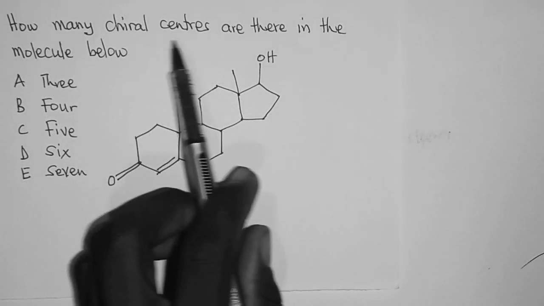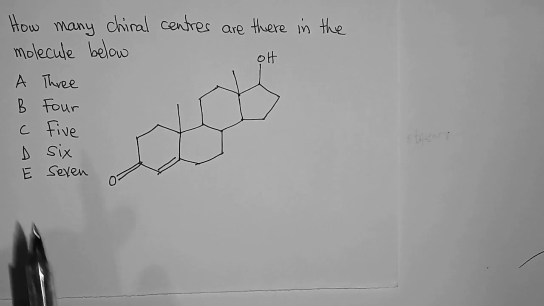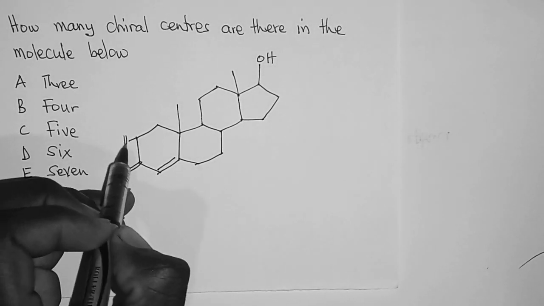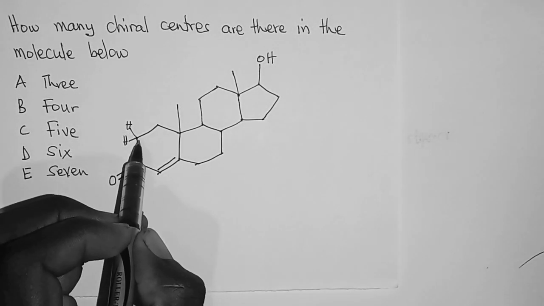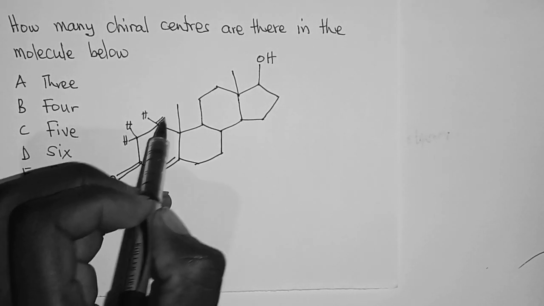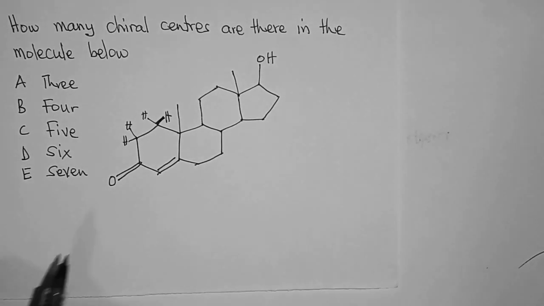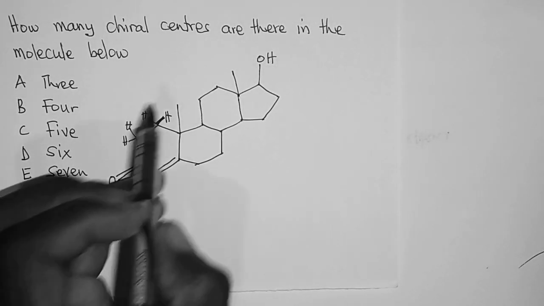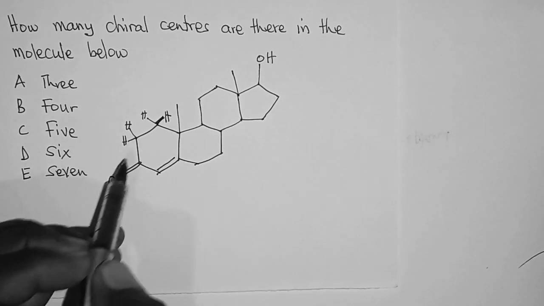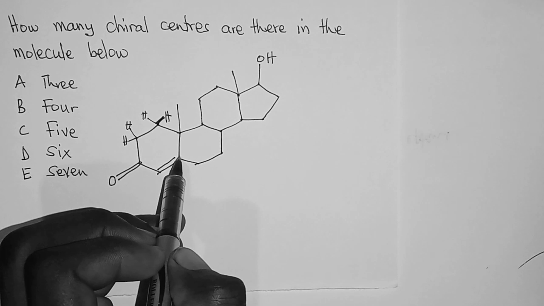How many chiral centers are there in the molecule below? Now, there are 2 protons here, so this carbon is not a chiral center. This one too also has 2 protons, so this carbon is also not a chiral center. And then if we take this carbon, you see that this carbon is different from this one, which is also different from this carbon.